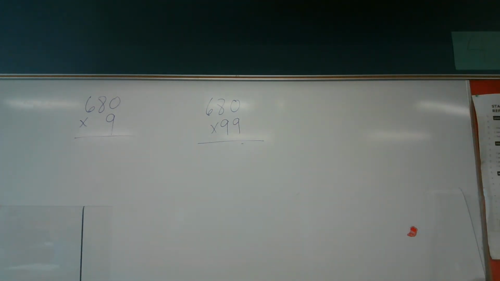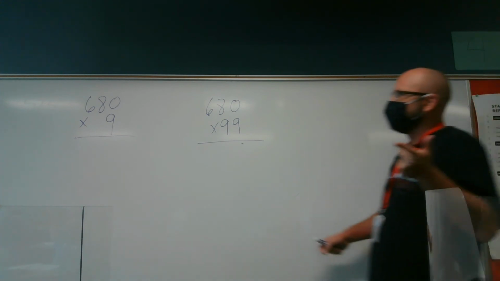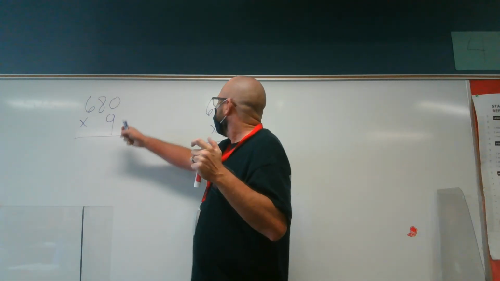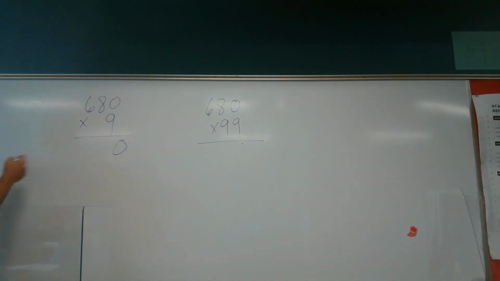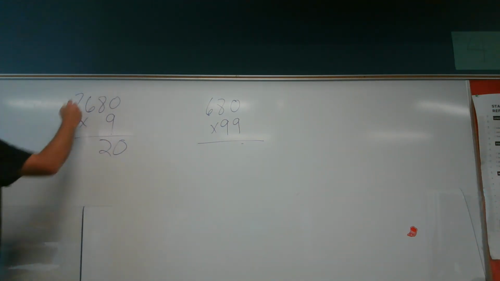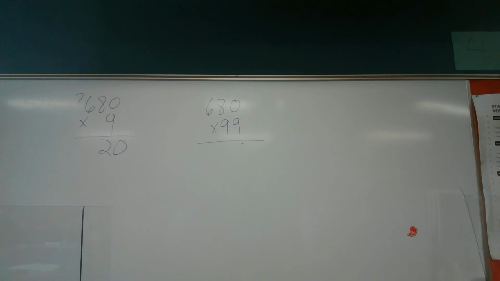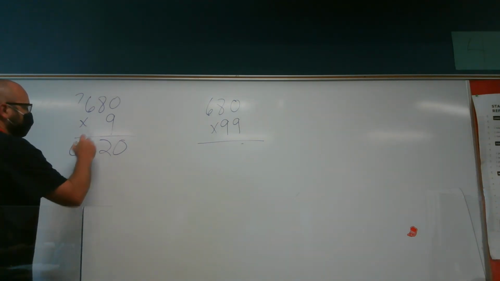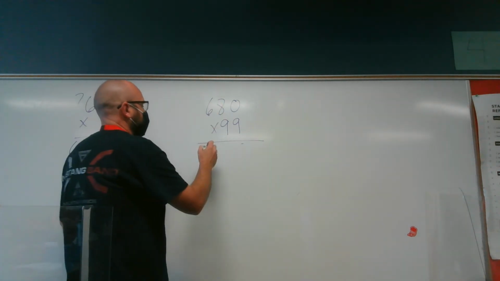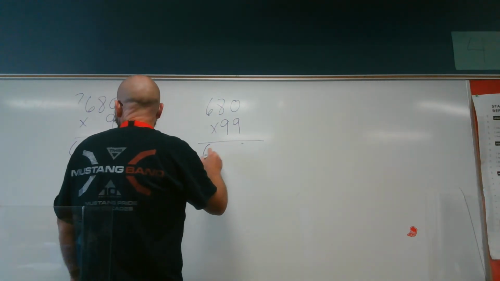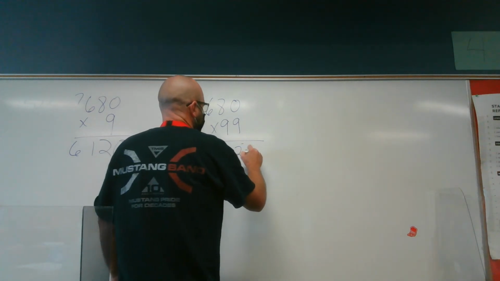And I'll show you why in a minute. 9 times 0 is? 0. 9 times 8 is? 72. 9 times 6 is 54, plus 7? 61. So the first one here, 680 times 9, would be 6,120.